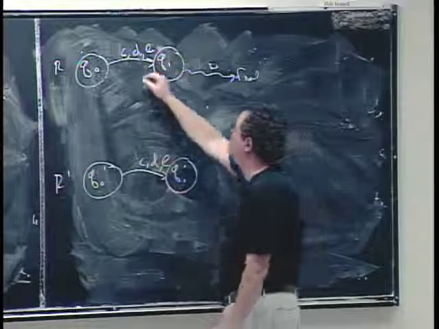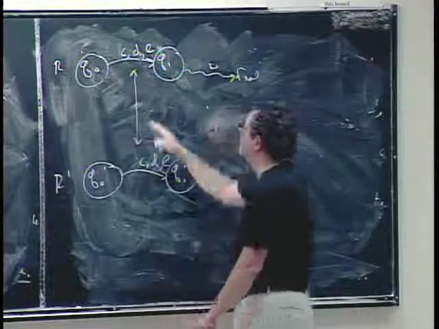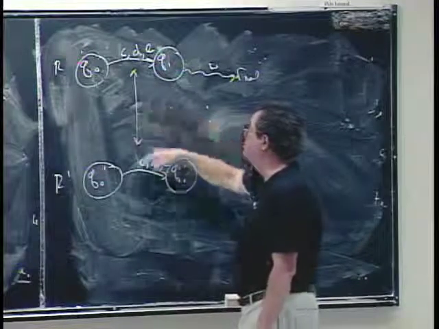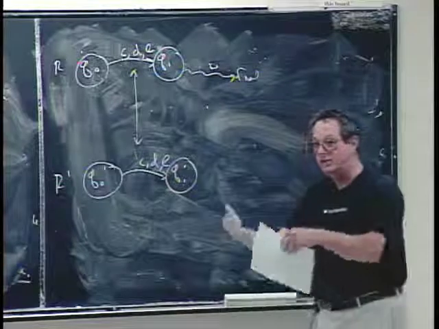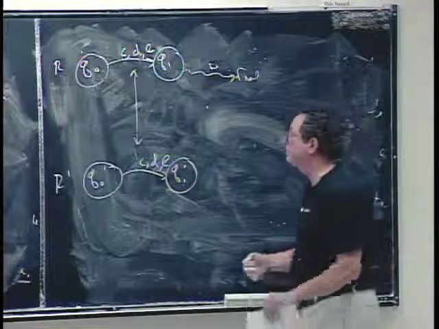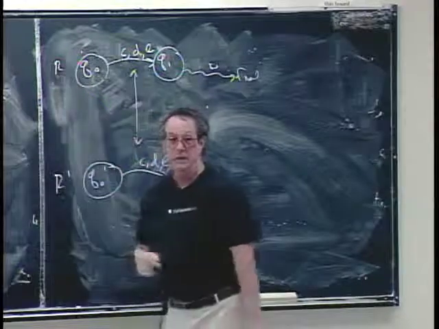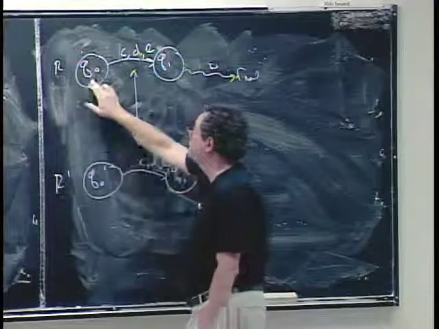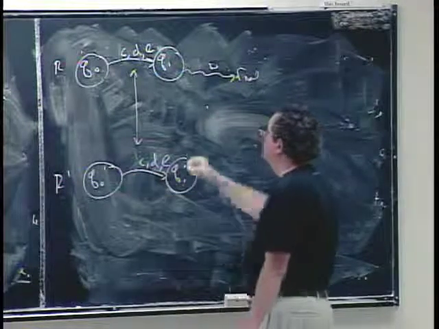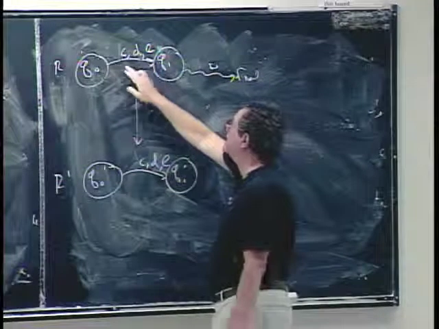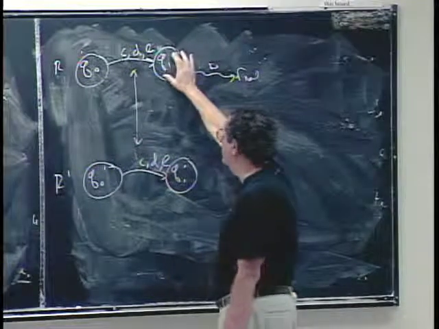So now we can say we're going to map these two edges together. And we've begun now to show that the two reduced DFAs, R and R prime, are isomorphic. This start state maps to this start state. Then we have an edge out which has some characters on it that goes to a state here.